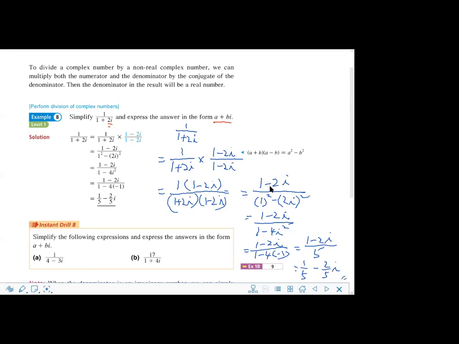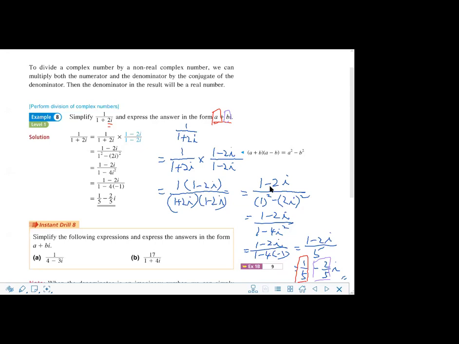In this case, we can clearly see that the a is 1 over 5, and then the b is negative 2 over 5. Okay, so it's in the form of a plus bi, but this time the b is negative.